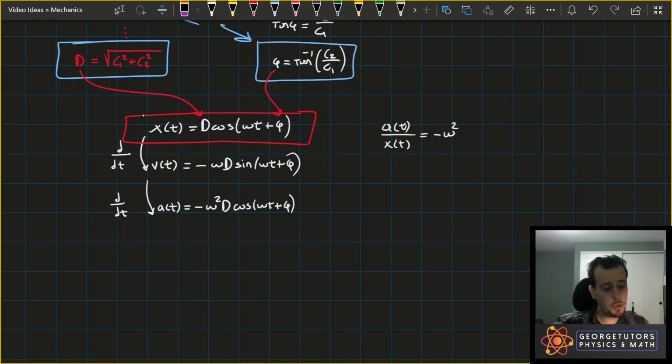So for the simple harmonic oscillator, omega is simply root of k over m. But for more complicated oscillators, you might have, for example, something attached to a wheel over here, something that actually rolls back and forth.